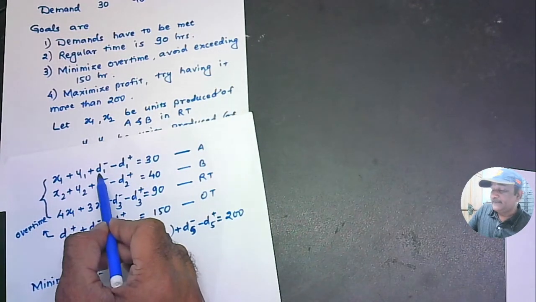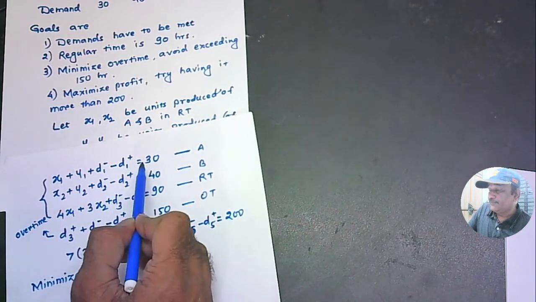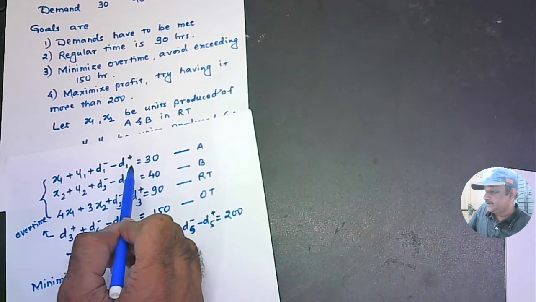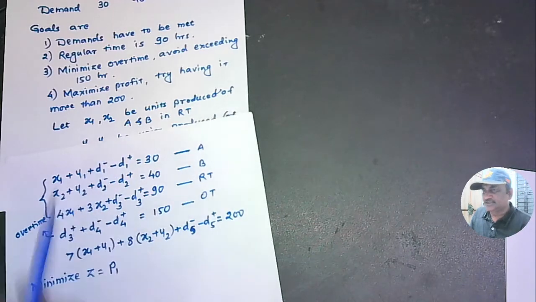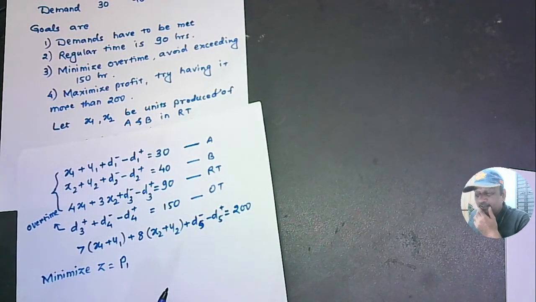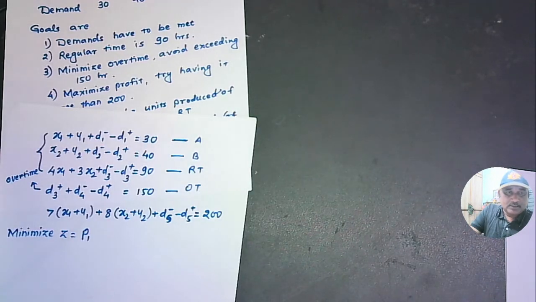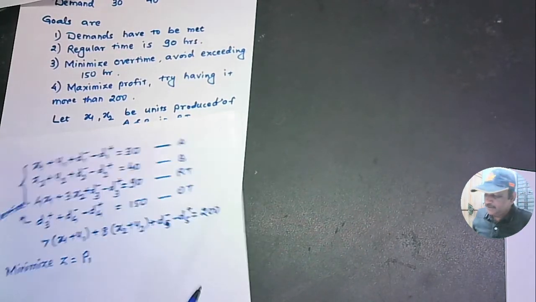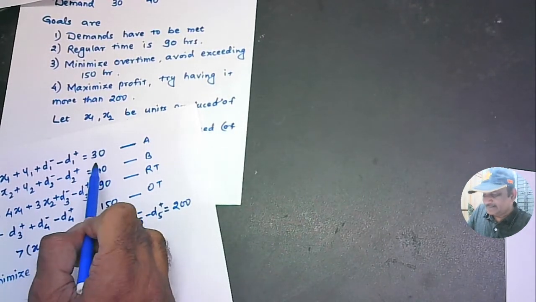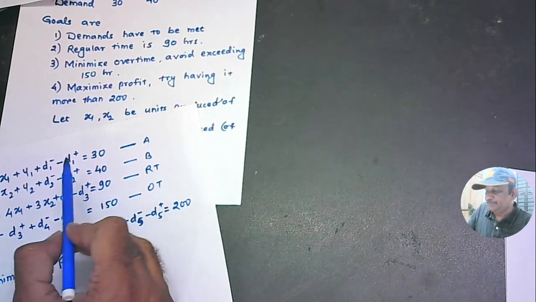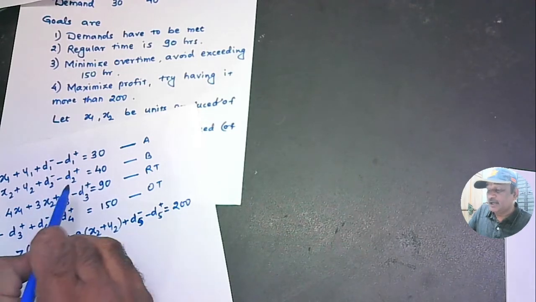The demand for product A is 30, which means it will be better if I don't fall short of this 30.